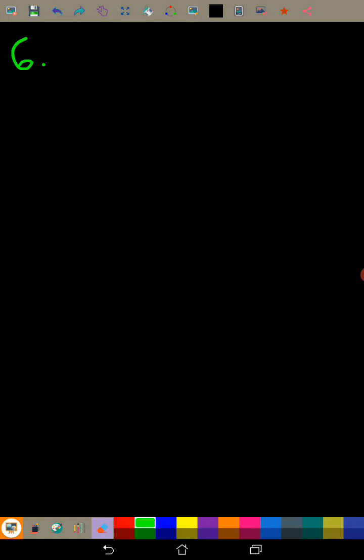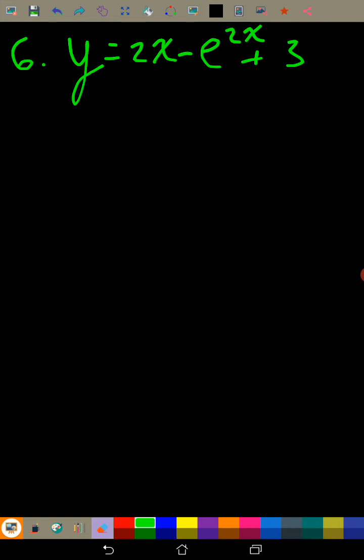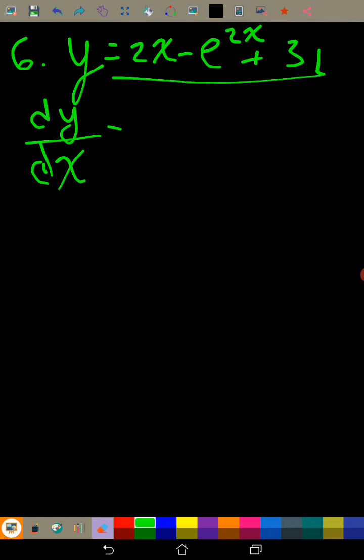Find the coordinates of the turning point of the curve. So we have y is equal to 2x minus e^(2x). Okay, we have this equation, and we need to find the coordinates of the turning points, and determine whether this point is a maximum or a minimum point. So dy by dx to find the gradient at minima and maxima.